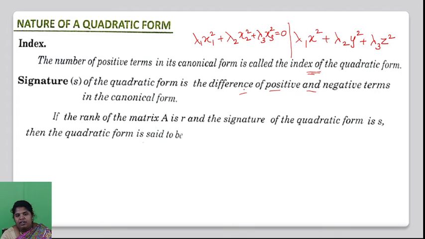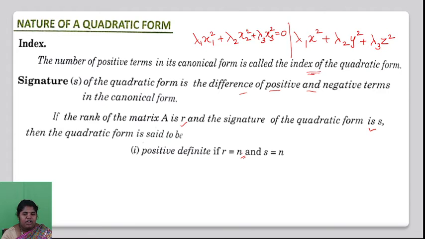Now if the rank of a matrix A is denoted by R and the signature of the quadratic form is S, signature is the difference between the positive and negative terms.